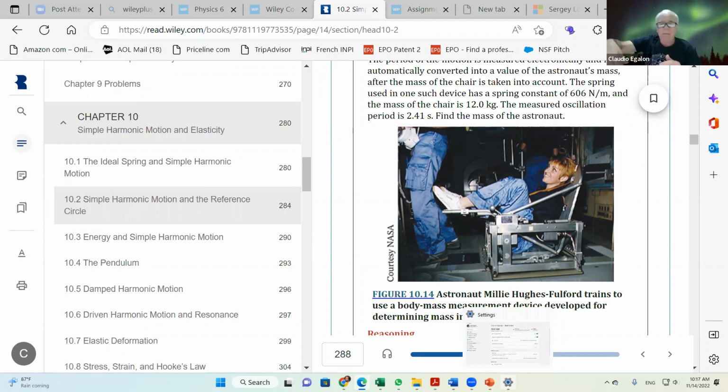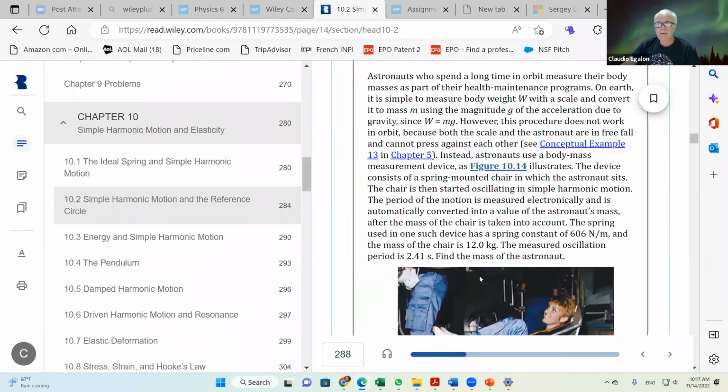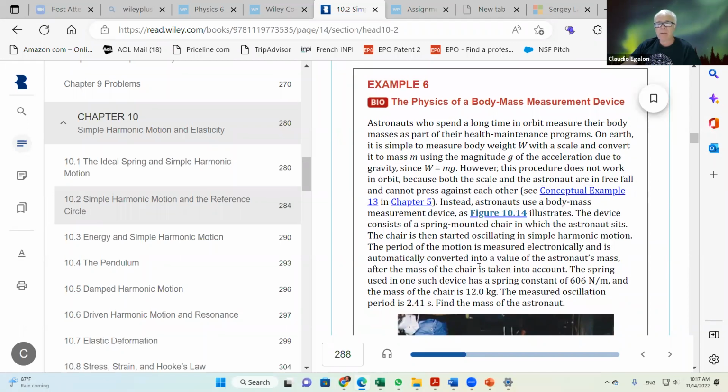But in zero gravity, you do not have a weight because you're floating. You still have mass, but not weight. So it wouldn't work to use a regular scale to get your mass there. So what do they do? They put the astronaut, the test subject, in a chair that undergoes simple harmonic motion. That's the way to measure the mass of an individual in space.